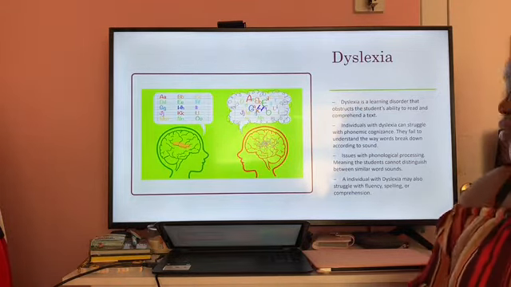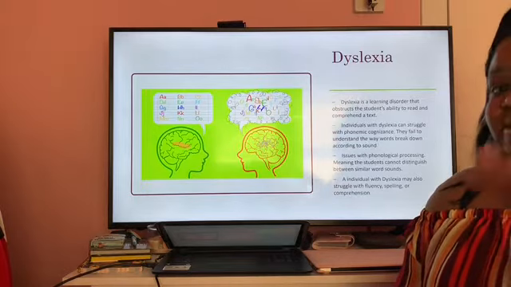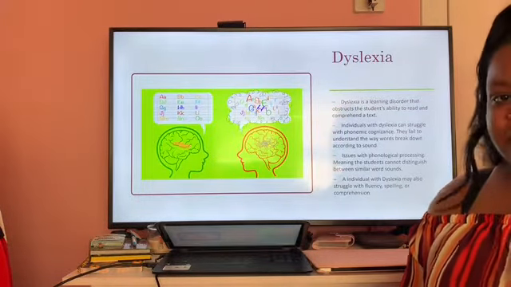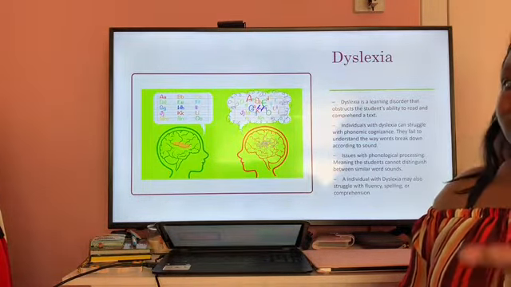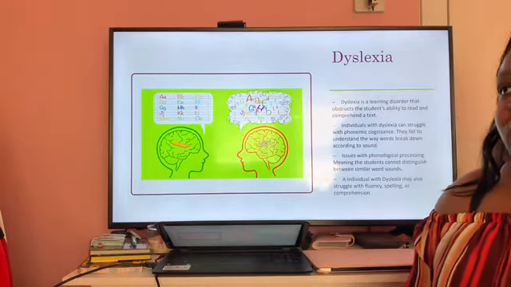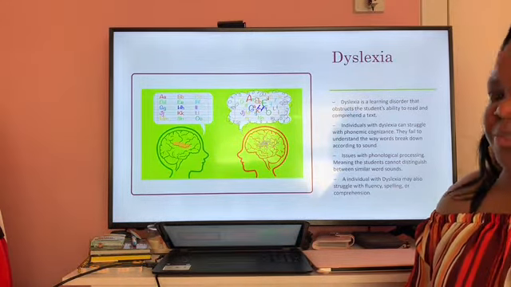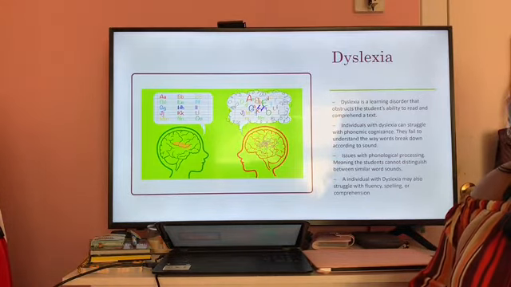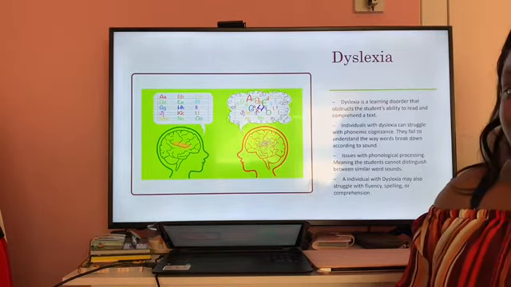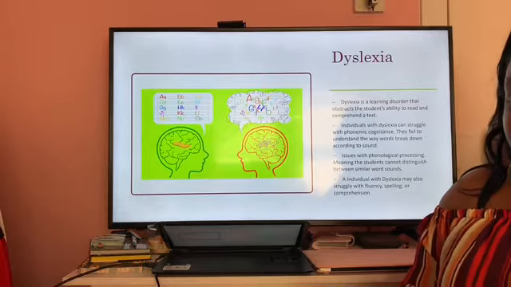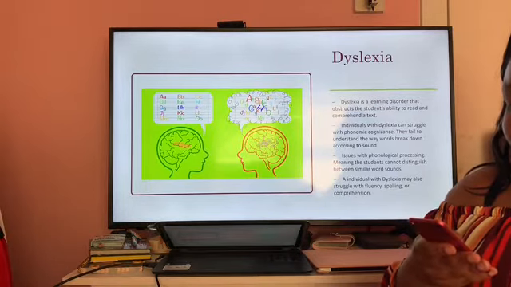They have an issue with words that sound similar but mean different things, for example their, there, or where, and were. Also, they have an issue breaking down words according to sound. So that's one of the main things with dyslexia.